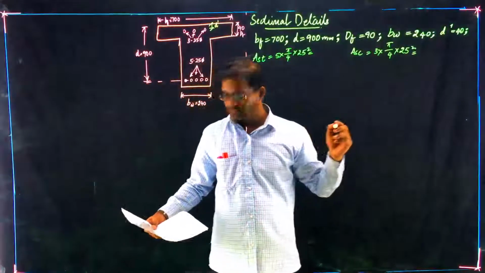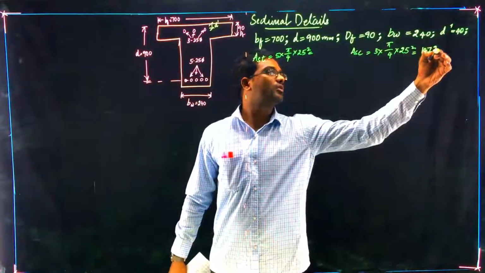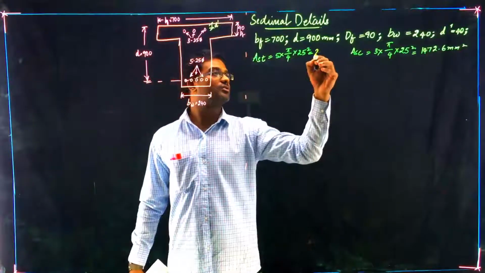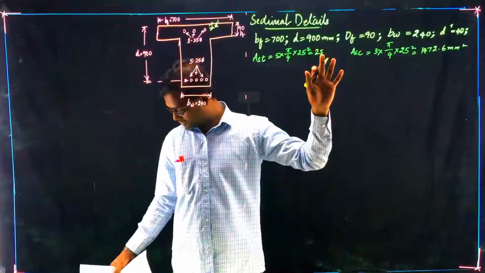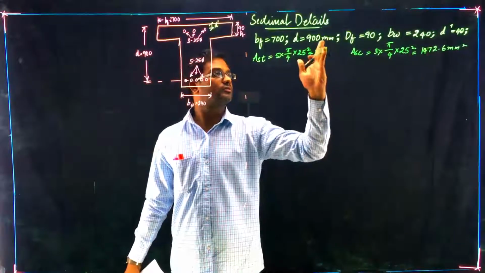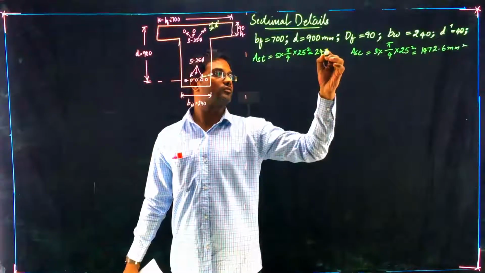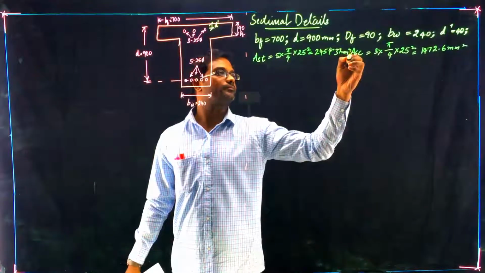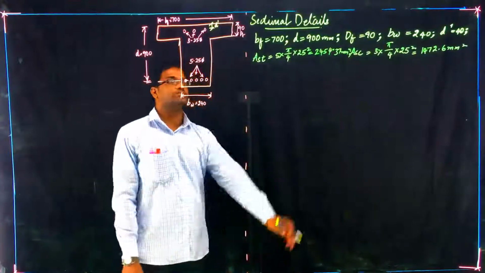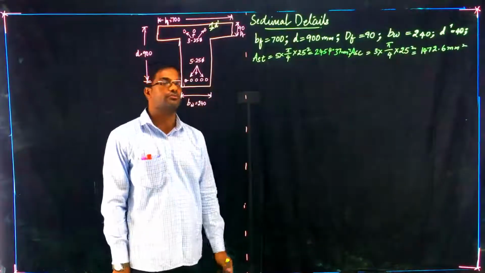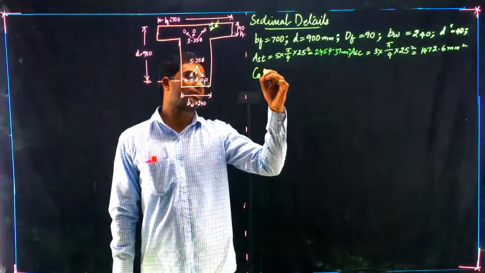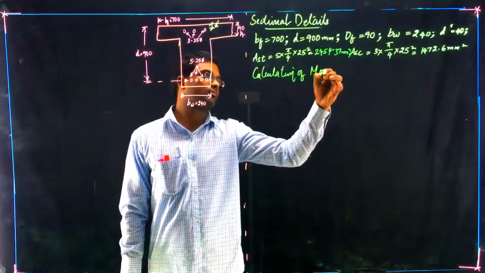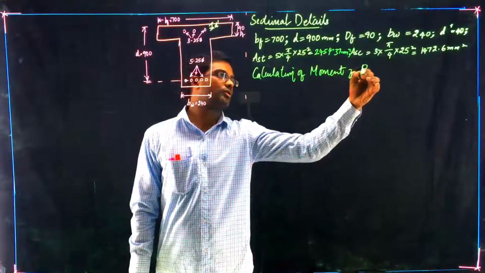ASC is given by 1472.6 mm square, and AST is given by 2454.37 mm square. Knowing these values, you need to calculate the moment of resistance. Okay, so calculation of moment of resistance.